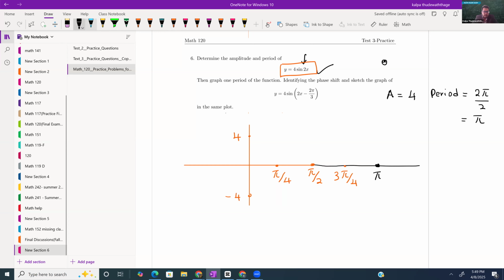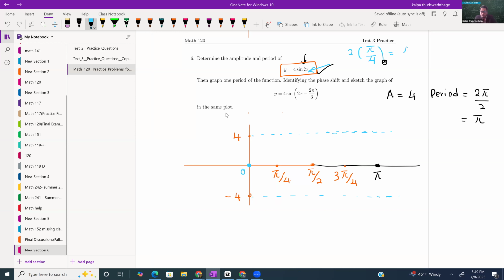So let me see if I can mark those lines. This is -4, this is -4, it's not very exact, that's okay. You can roughly draw. And sine, if I plug in 0, sine 0 is 0, so sine starts here. And if I plug pi over 4 for x, you can see it's pi over 2, because it's 2 times pi over 4.